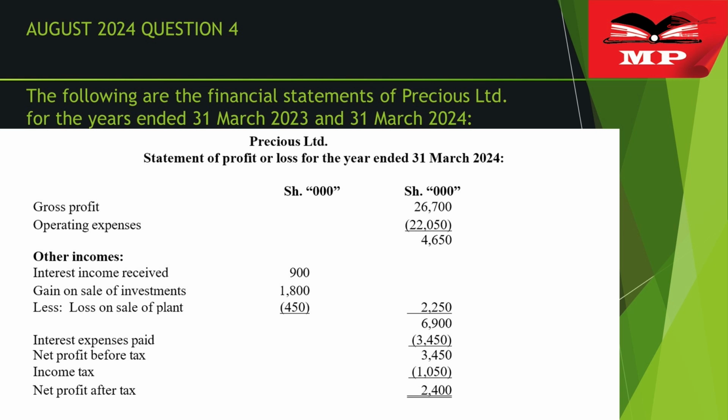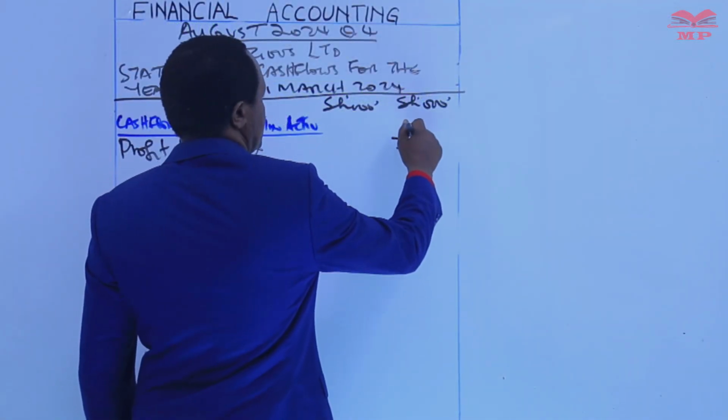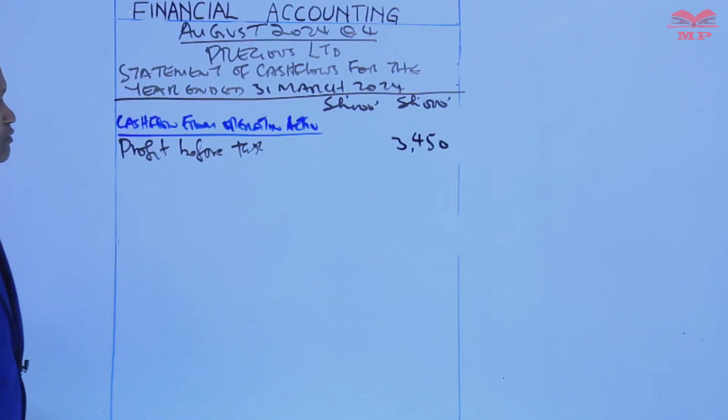Do you see that? That is the profit before tax, 3,450,000.